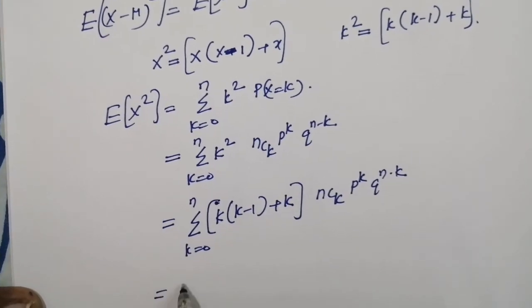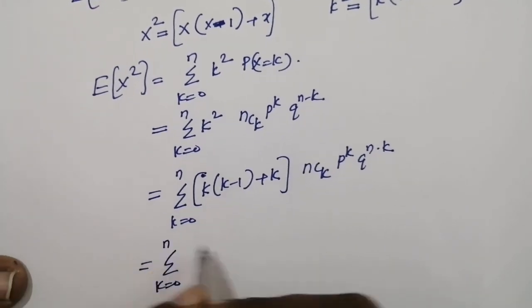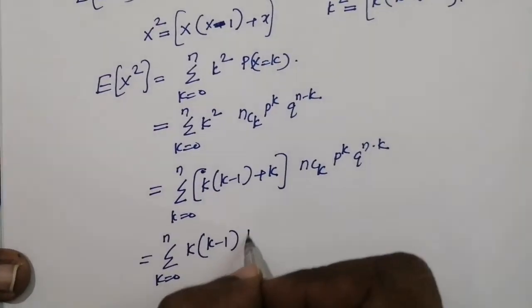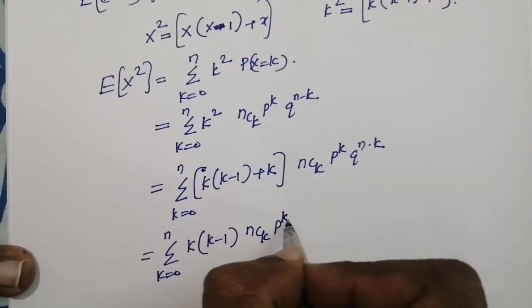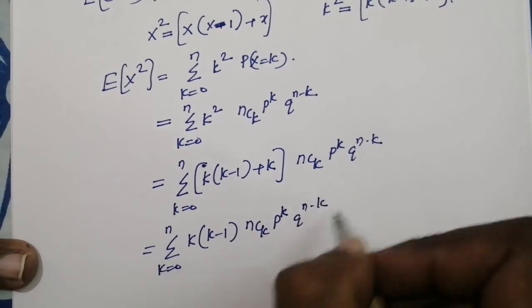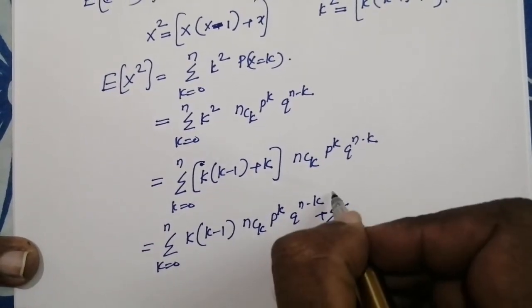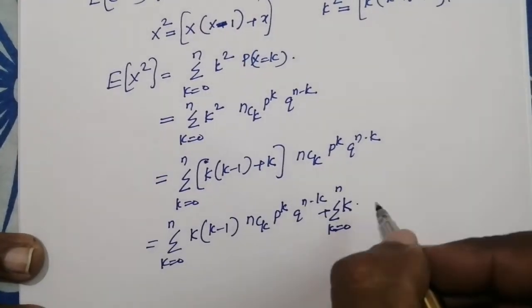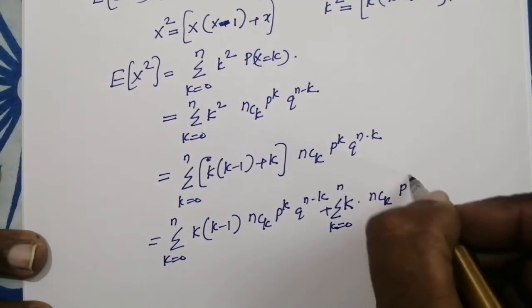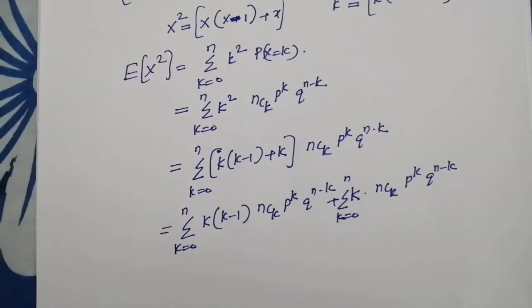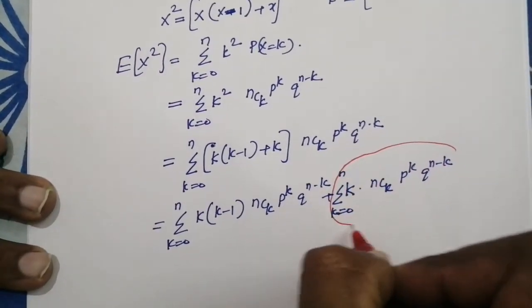So this can be written as sigma k equal to 0 to n, k into (k minus 1) nCk p raised to k q raised to n minus k, plus sigma k equal to 0 to n, k into nCk p raised to k q raised to n minus k. So this we already know, this is mean of binomial distribution.